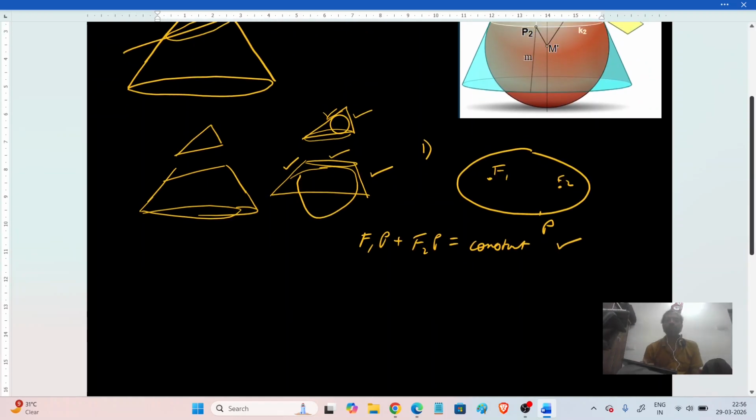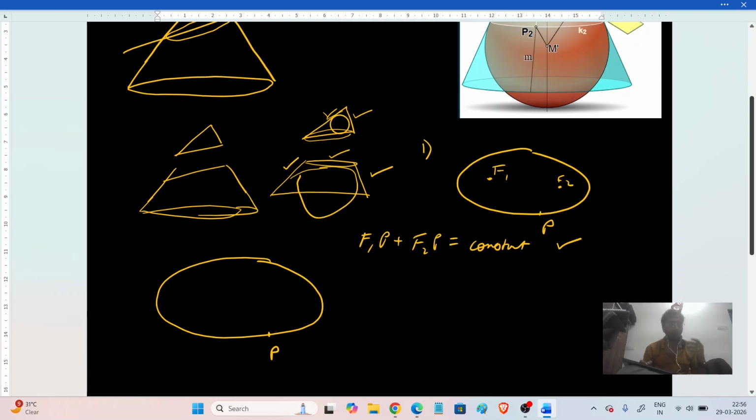A corollary: suppose you know that P is a point on an ellipse.